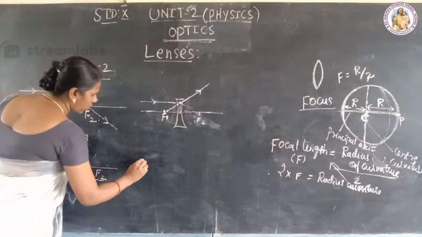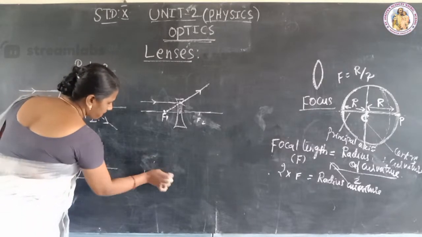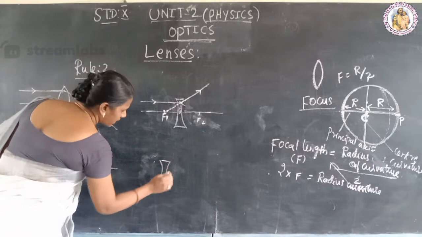So here in the concave lens, what happens?